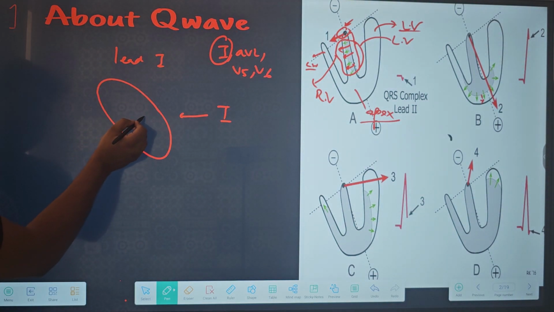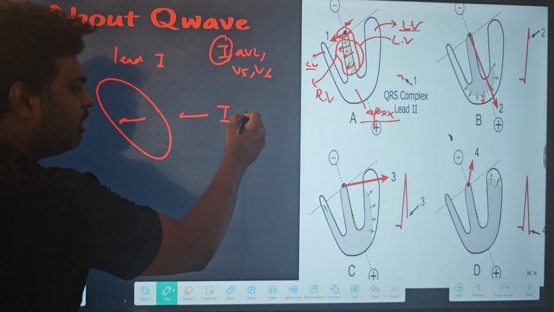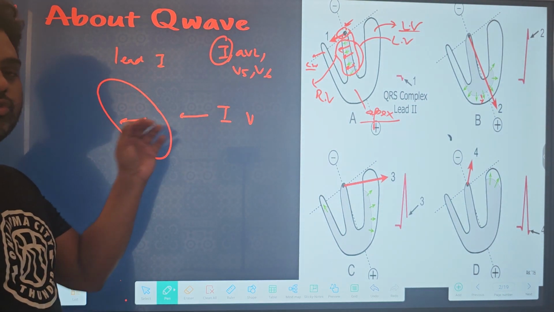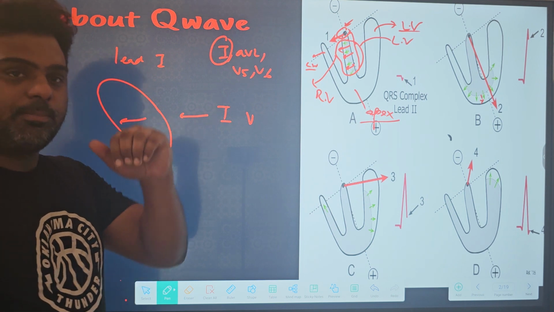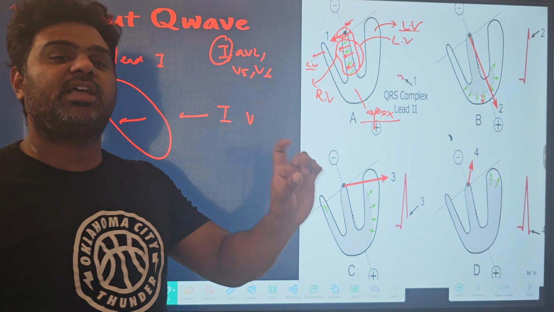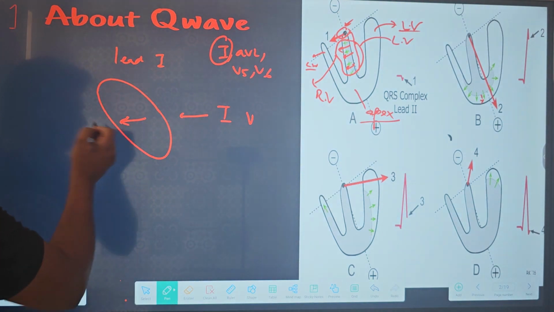So the depolarization will be from left to the right. So lead 1 will form a small negative deflection, because for any lead, if the direction of depolarization is towards the lead, it measures a positive deflection, and if the direction of depolarization is away from the lead, it measures it as a negative deflection.